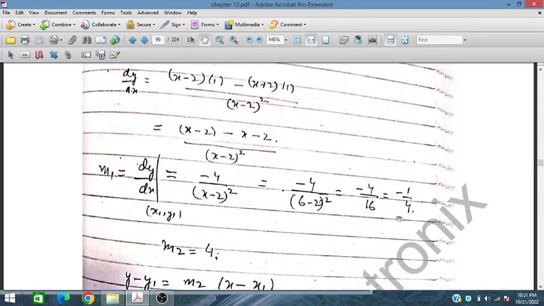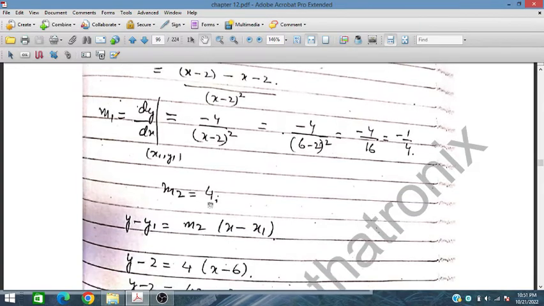This is the gradient of the tangent line on the curve, and so the normal has a slope or gradient of 4, because the product of the two would be minus 1. So this is the gradient of the normal.